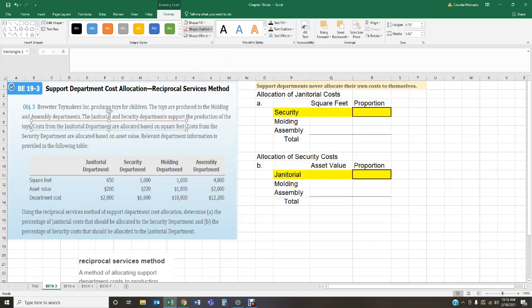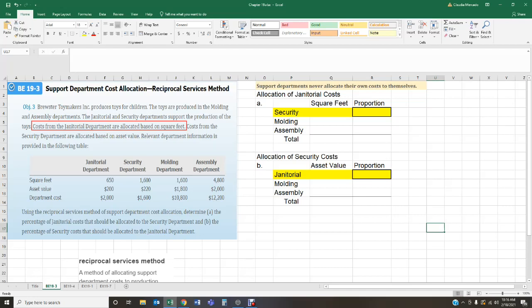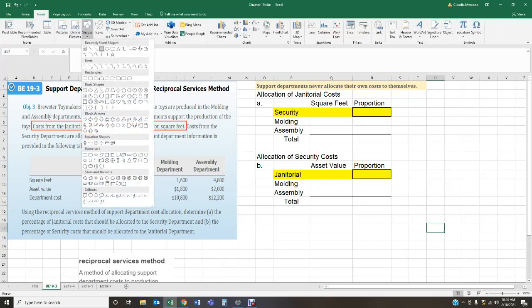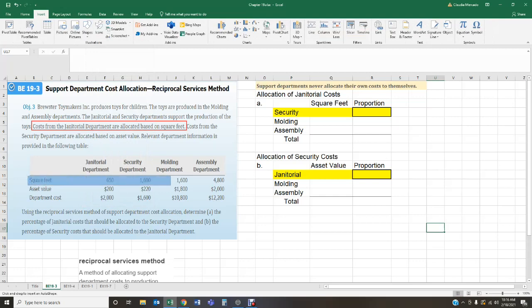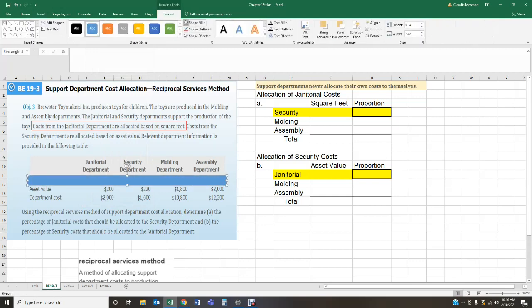So that is going to be our driver right there, square feet. We're going to look at the square feet. Right here, we've got square feet.